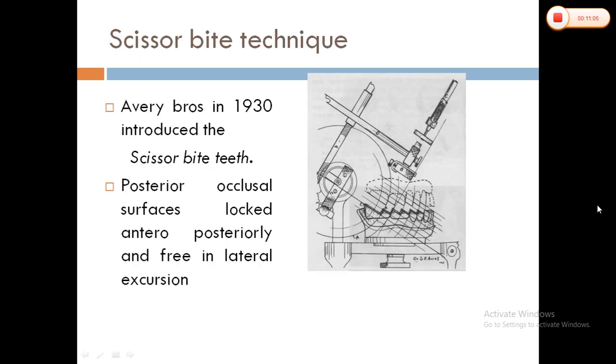Scissors bite teeth. Avery Brothers in 1930 introduced scissors bite teeth. The posterior occlusal surfaces locked anteroposteriorly and were free in lateral excursion. As you can see in this picture, they can't move anteroposteriorly.